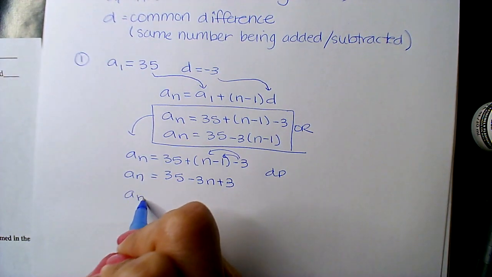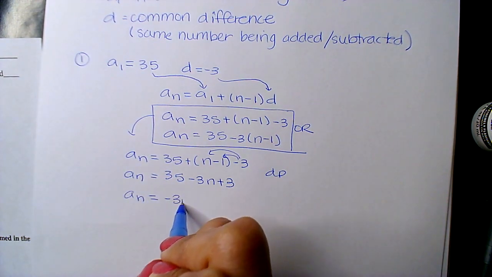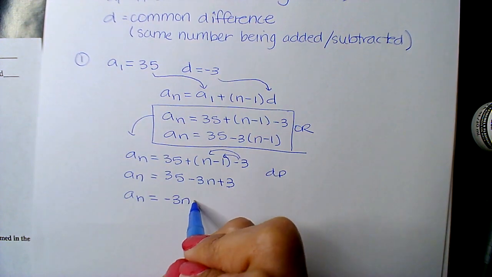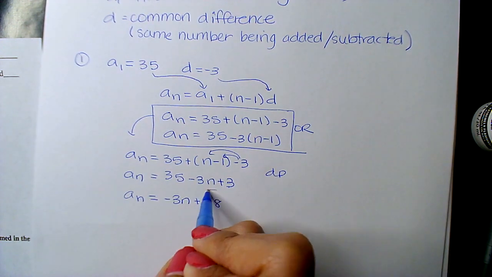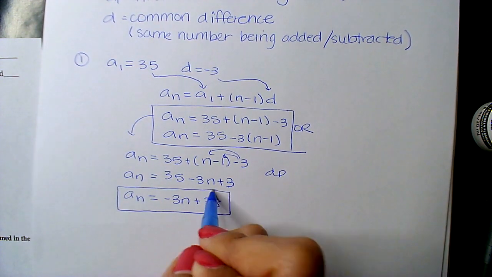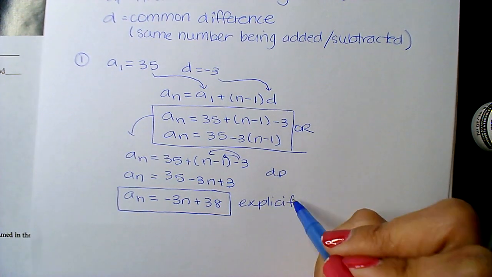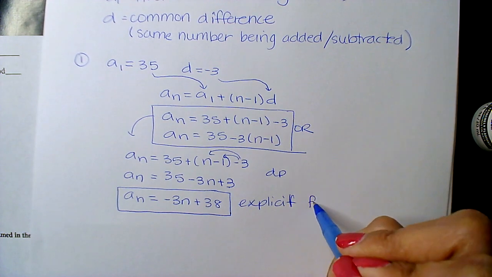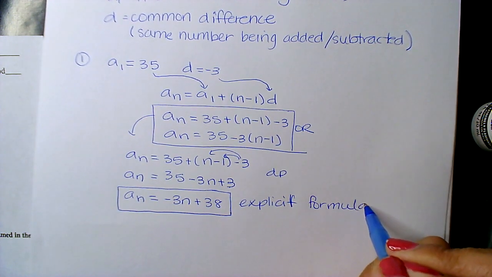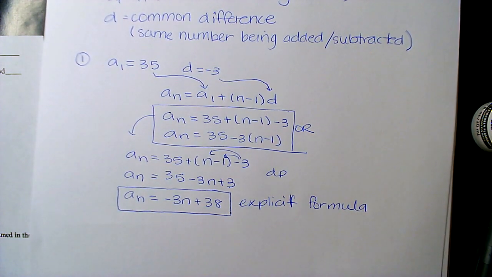So now 35 plus 3 is 38. And so if someone was to give this as their explicit form, for the arithmetic sequence, they would actually be correct.